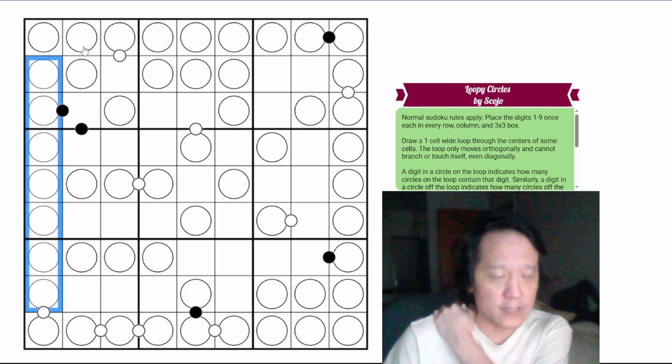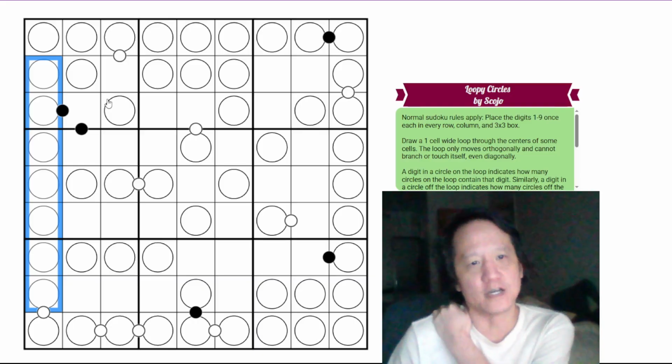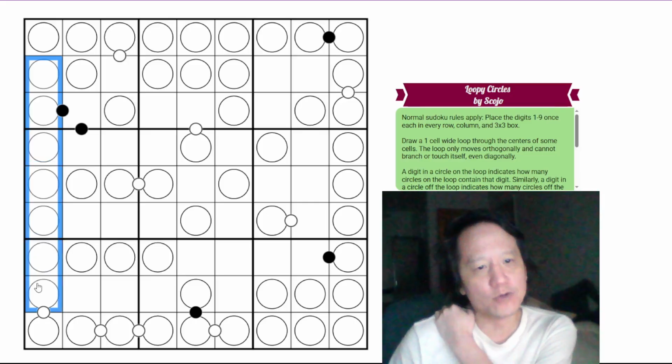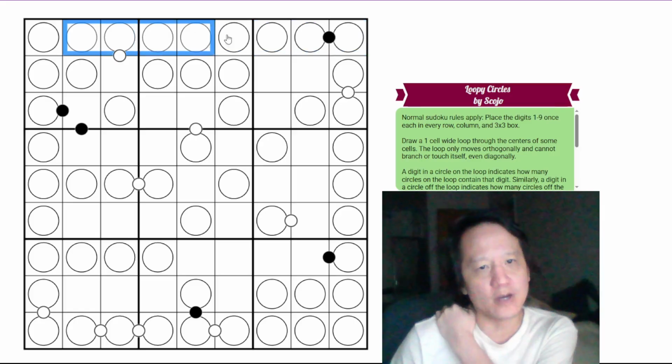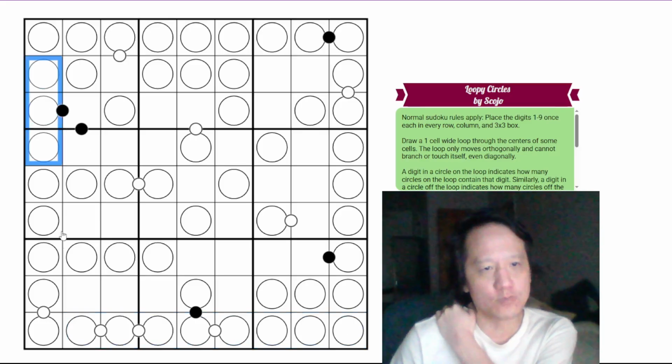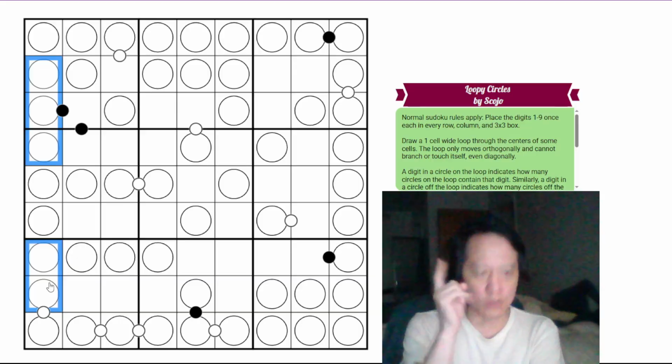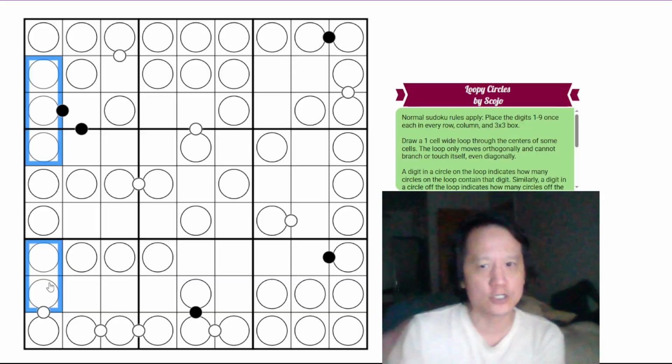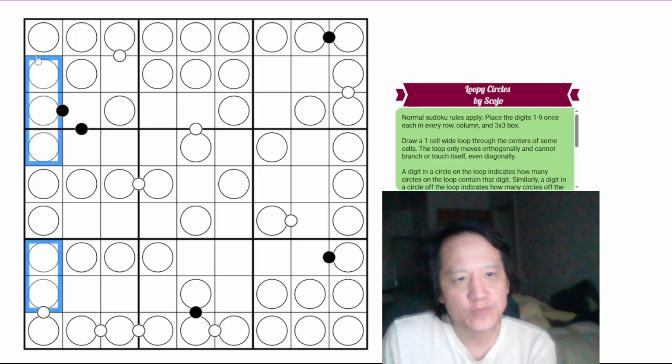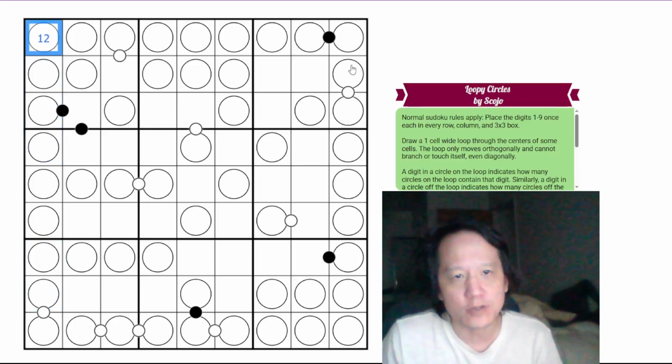Say at least one of the 1 or 2s is not in the corner. One of the 1 or 2s has to be here, but that leaves 1 or 2 having to be here, and then 1 or 2 having to be here. And that obviously doesn't work because, again, 1 and 2 can only be in 2 circles each. Right? So this has to be a 1-2 pair in the corners.